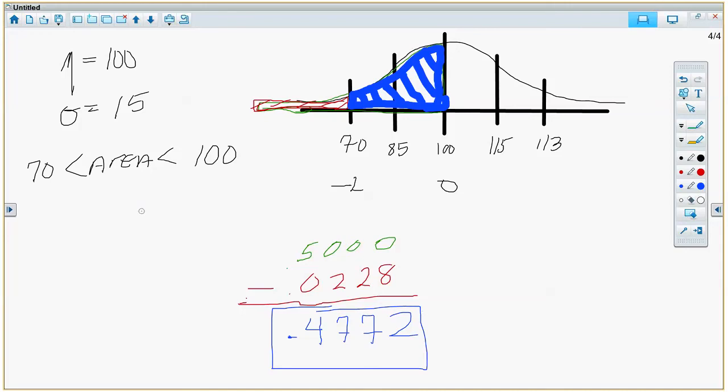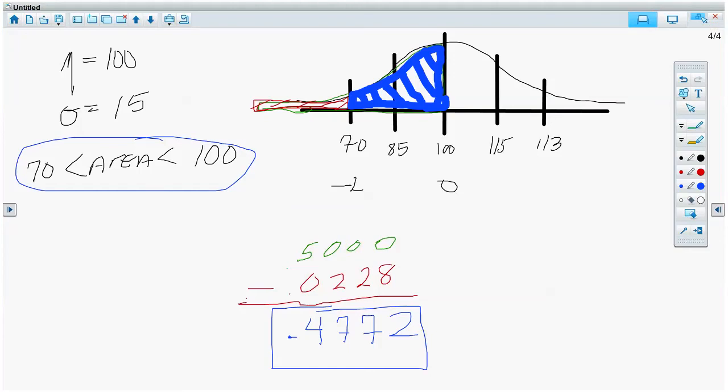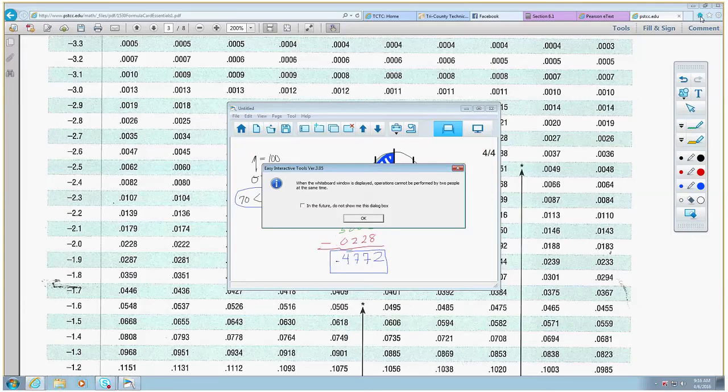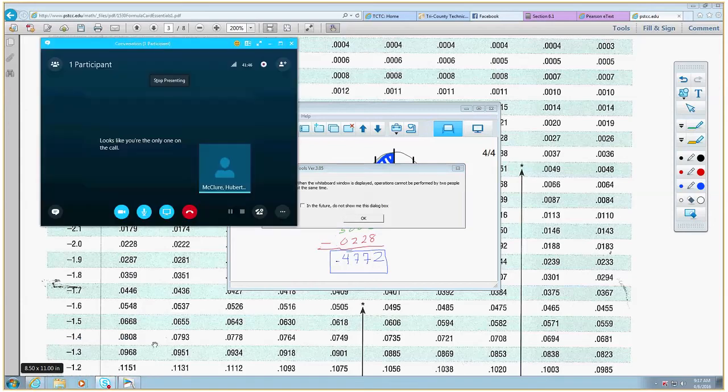Now this is important because if you get a question and it asks for the area in between something, you're going to have to subtract the small area from the big area. You need to remember this problem. Okay? Comprende? All right.